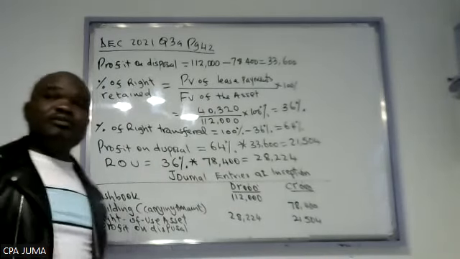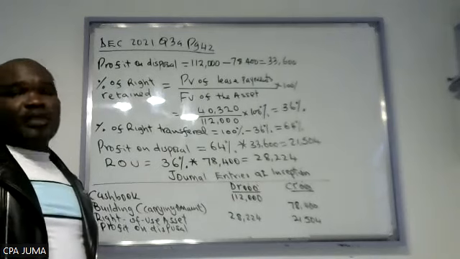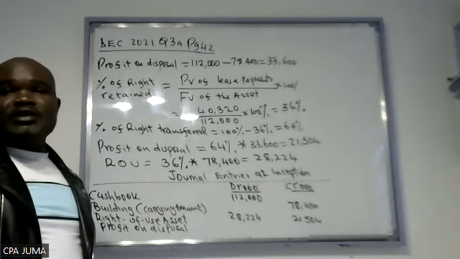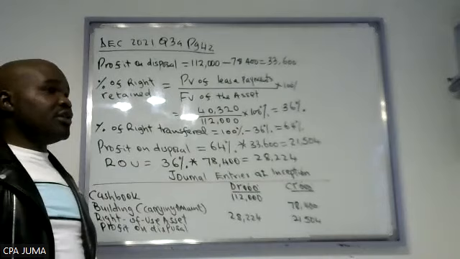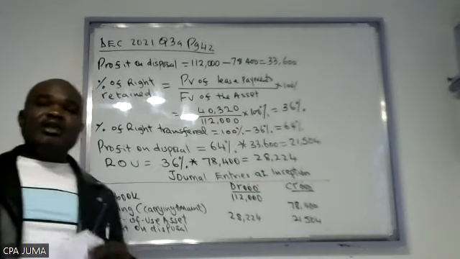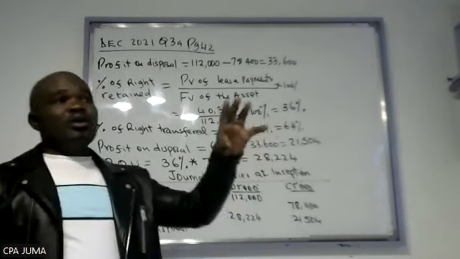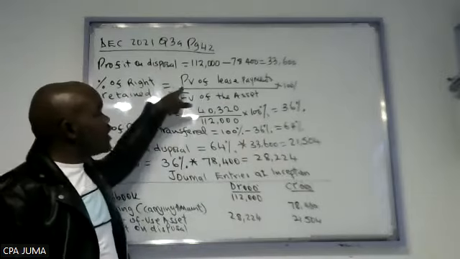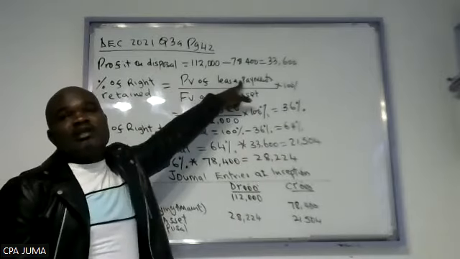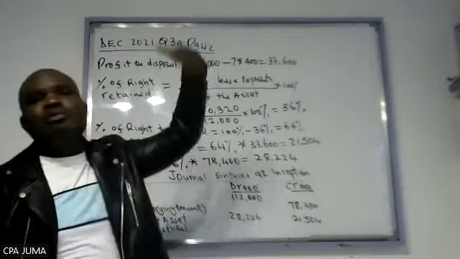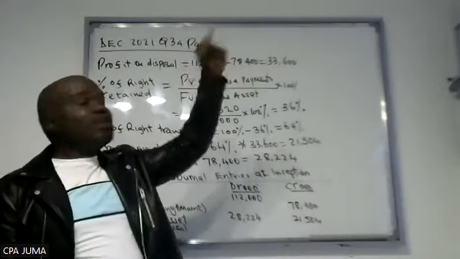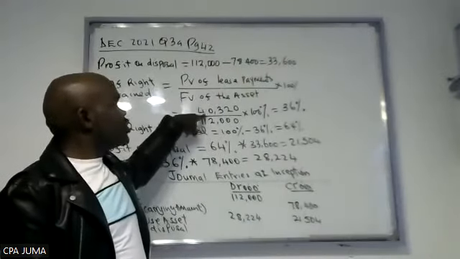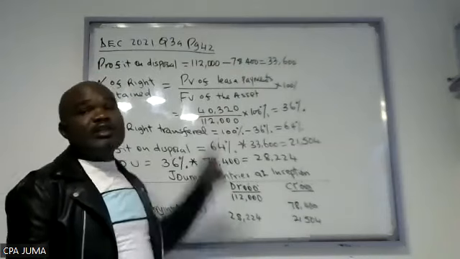And finally, the lease liability. Lease liability is the present value here. They said present value of lease payments. You know, payment is what they will be paying over time. So they discounted and they got 4320. So that is the lease liability.